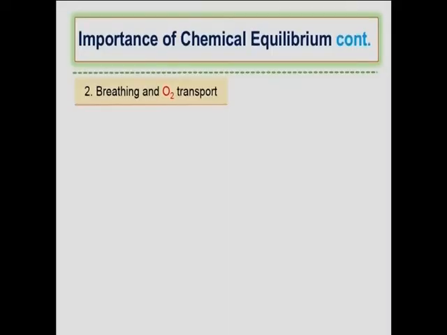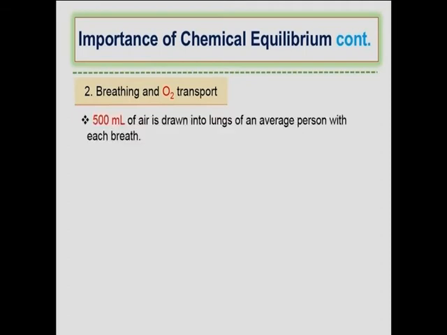Then another importance of chemical equilibrium is in breathing and oxygen transport. So for your information, as we breathe in, in each breath we take in about 500 ml of air, and this 500 ml of air goes through our lungs and gets distributed to 150 million alveolar sacs.